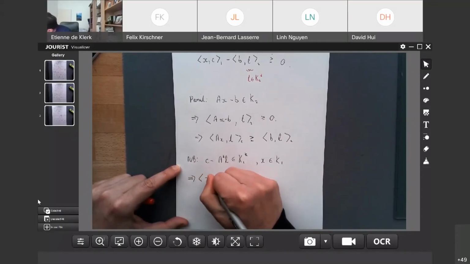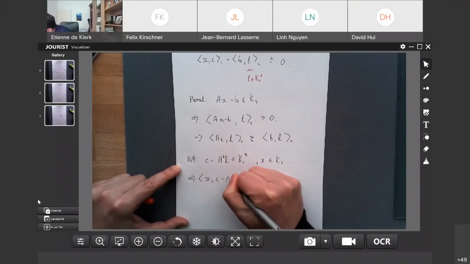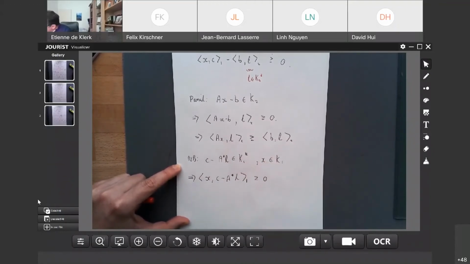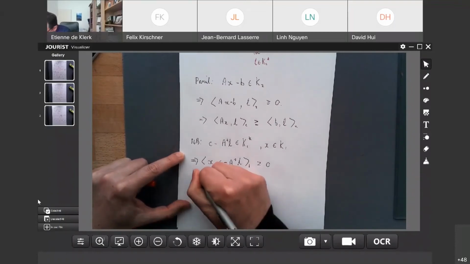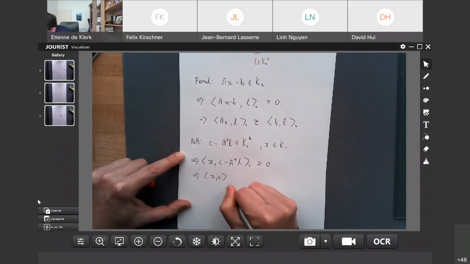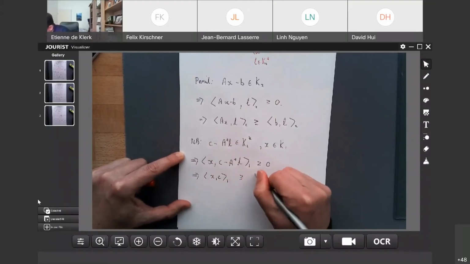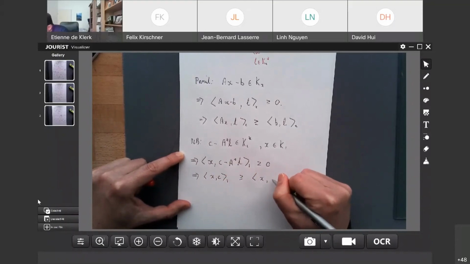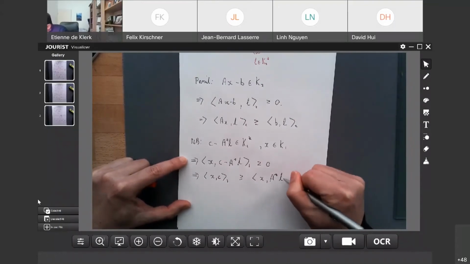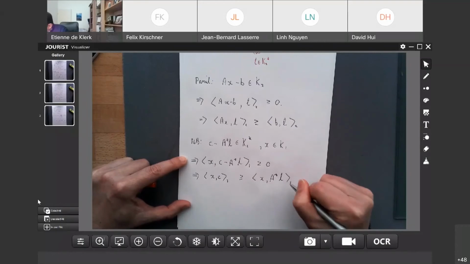If we take the duality between X and C minus A star L, and this is the 1 duality, this has to be greater equal 0. And this of course implies that X with C in the 1 duality is greater equal X with A star L in the 1 duality.